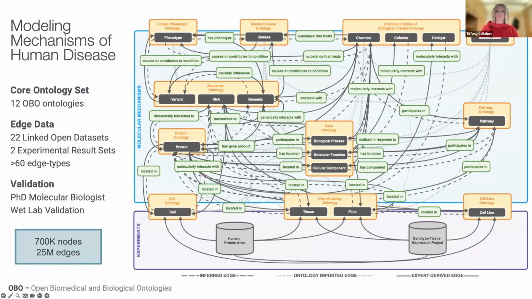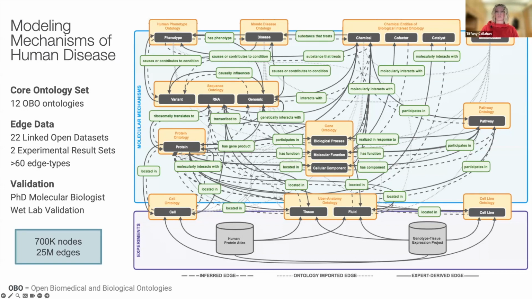The purple box represents experimental data. The blue box represents molecular mechanisms that we created by integrating different open biological and biomedical foundry ontologies, which are also shown in gold and green. Edges between ontologies are created by integrating other data sources that are not originally part of them.